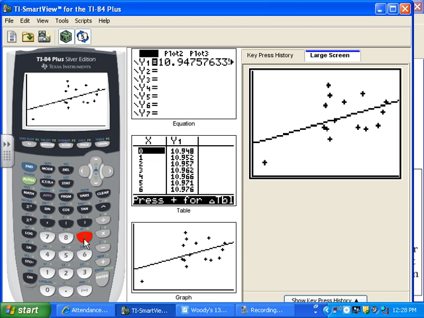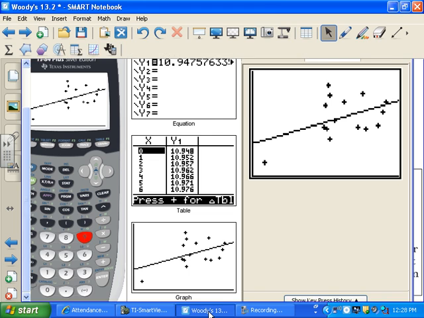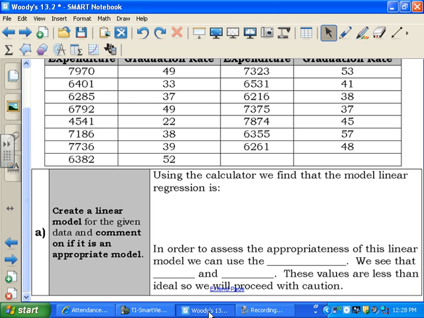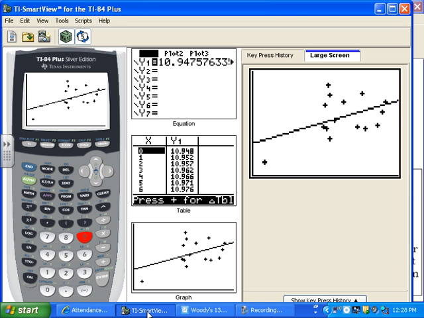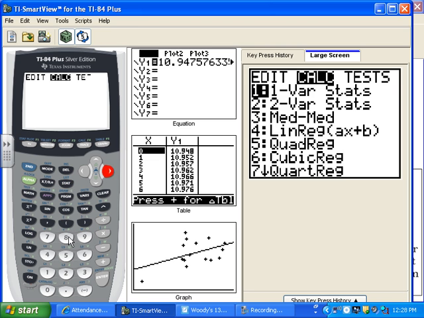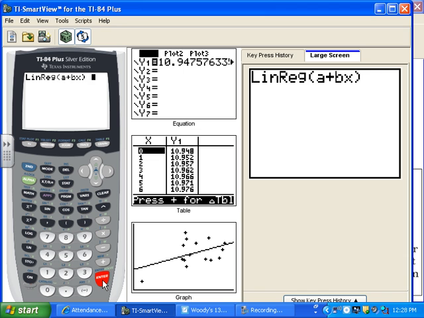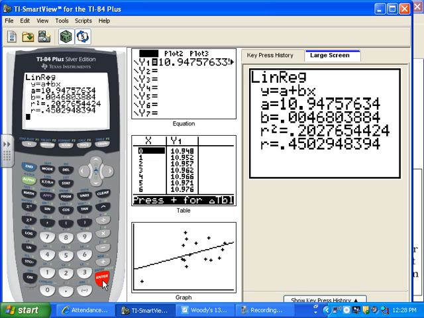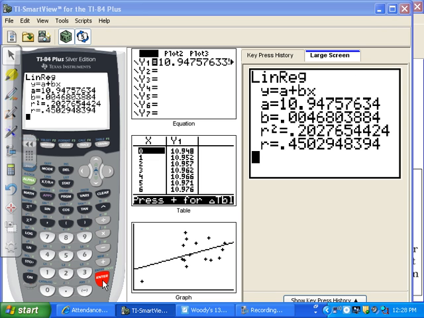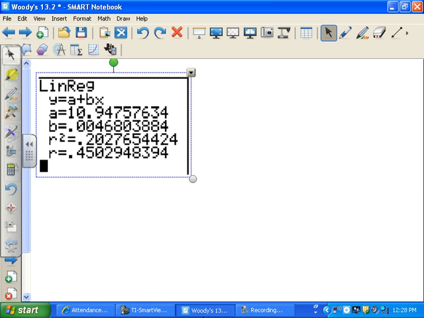The linear model should be, let me rerun mine. Okay.